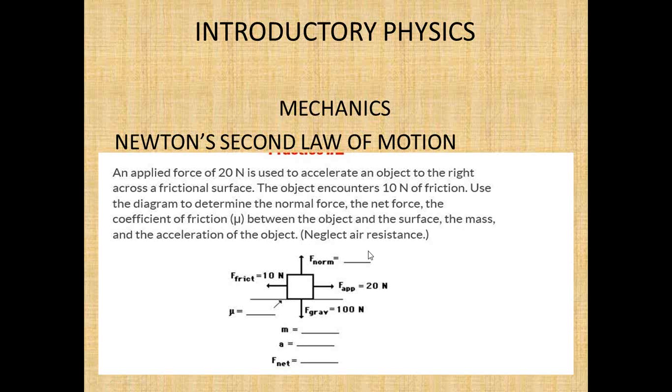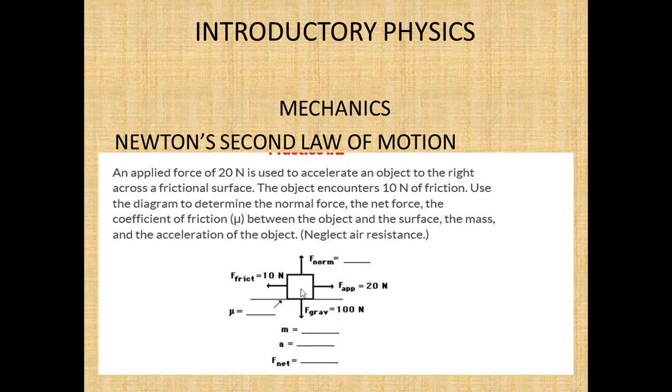Neglect air resistance. So the first thing you have to do is get your free body diagram. So the applied force to the right is 20. The frictional force is going to be to the left in the opposite direction, 10 newtons. The force of gravity is 100 newtons, and then the normal force.